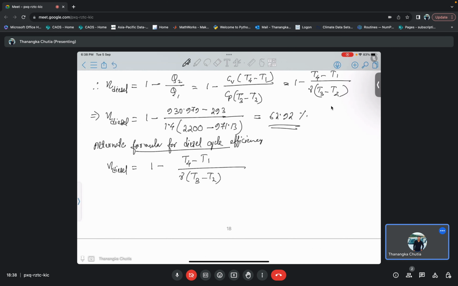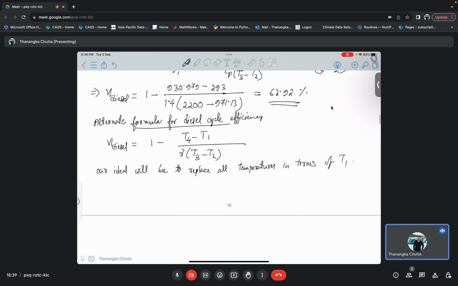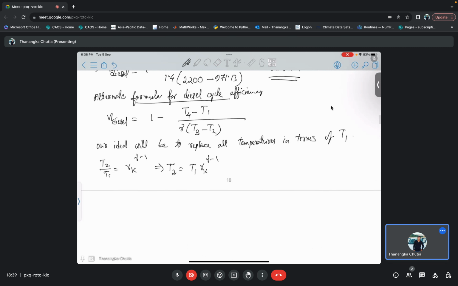Now our idea will be to replace all temperatures in terms of T1. So T2 by T1 is equal to Rk to the power gamma minus 1, so from here T2 is equal to T1 into Rk to the power gamma minus 1. Fine.